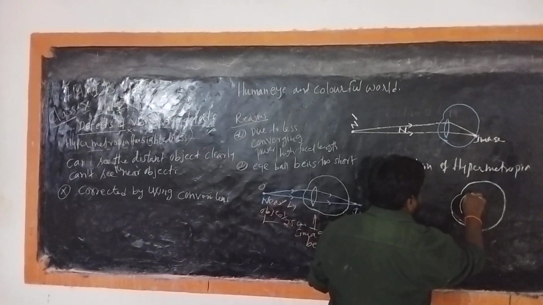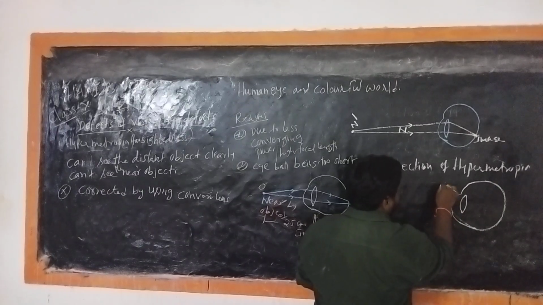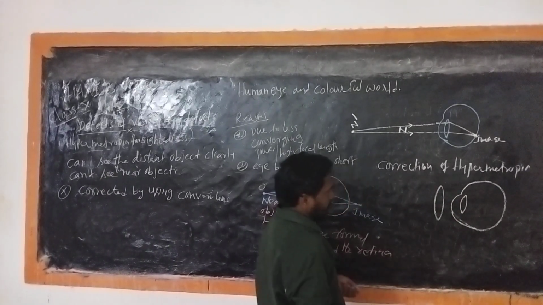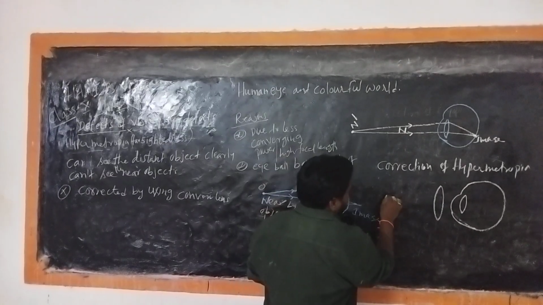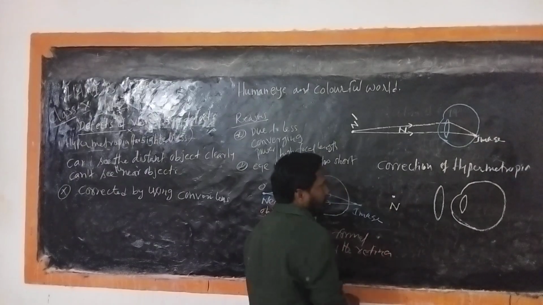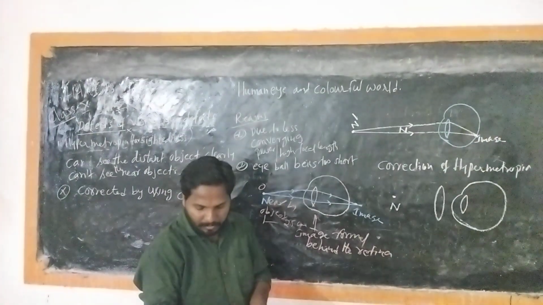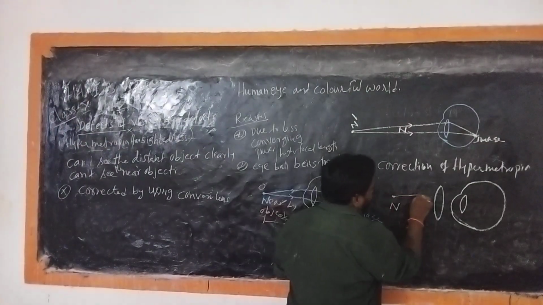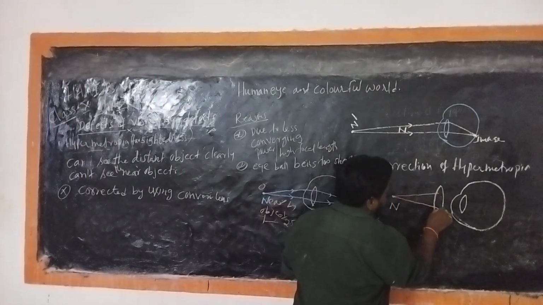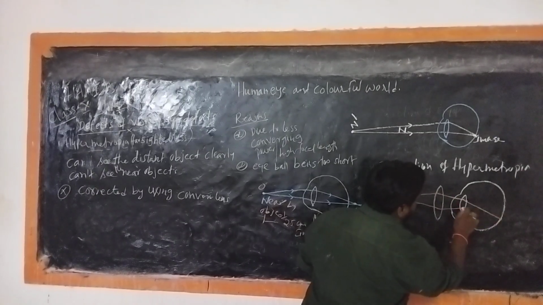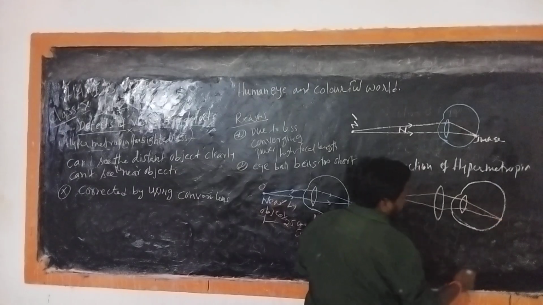In front of the eye lens, we place a convex lens. Here N is the normal near point. From the normal near point, the light rays are incident here, then refracted. After the refraction, they meet on the retina.